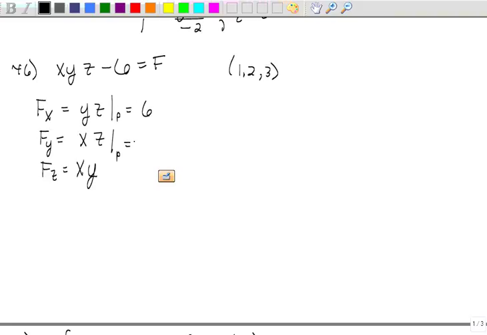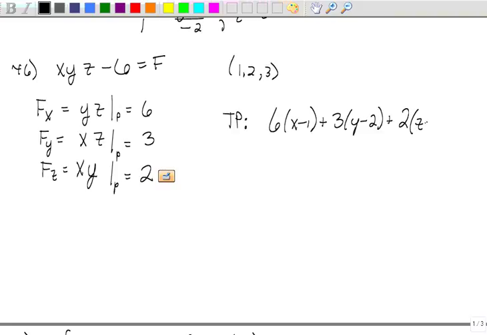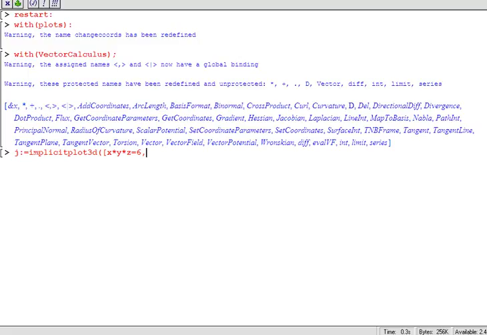Evaluated at the point, that's 3. Evaluated at the point, that's 2. So the equation of the tangent plane is 6(x minus 1) plus 3(y minus 2) plus 2(z minus 3) equals 0, or you get 6x plus 3y plus 2z equals 18. Now that's what I'm going to sketch in Maple, so let me bring that back up.